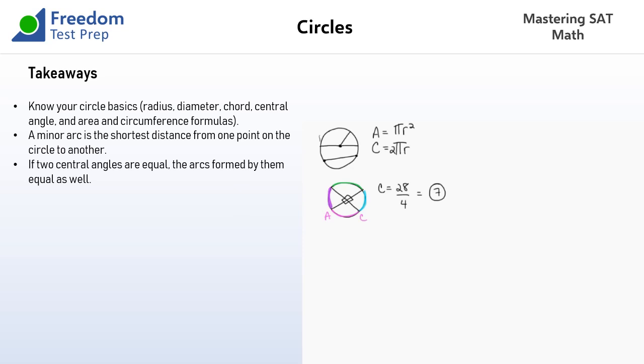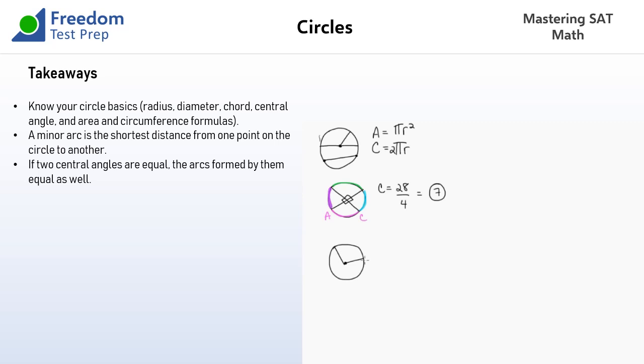Let's see, another one. I won't say it's easy, but it's easier than some of the ones that we're going to do. They might give you a circle with a, let's say that's the middle, like that.